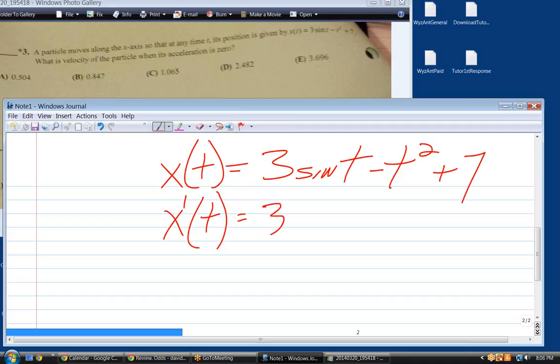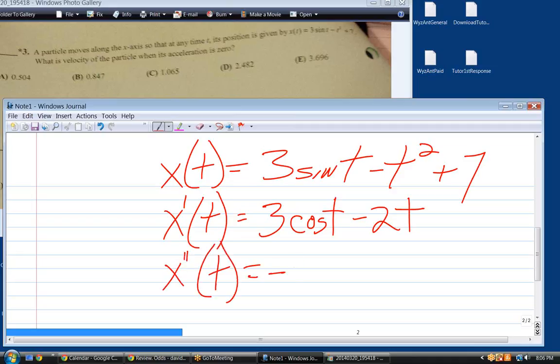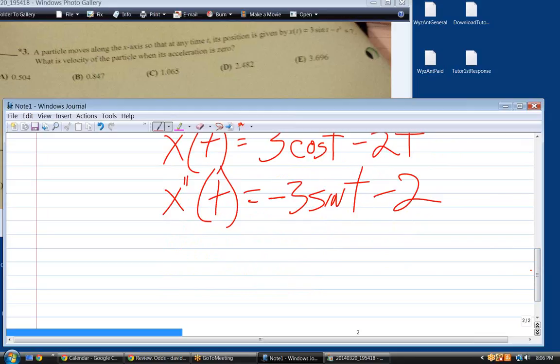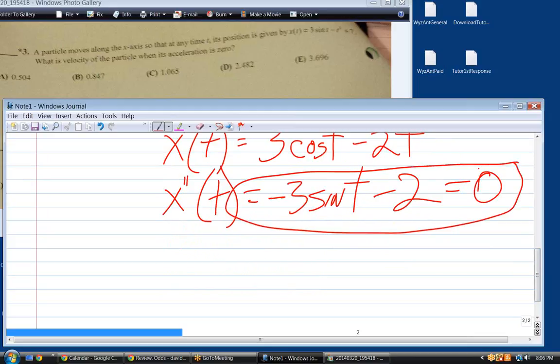It would be 3 cosine of t minus 2t. Okay, and the second derivative? Would be negative 3 sine of t minus 2. So they said when the second derivative is equal to 0, so let's solve that, and we'll know what t to plug into the first derivative, and we'll have our answer.